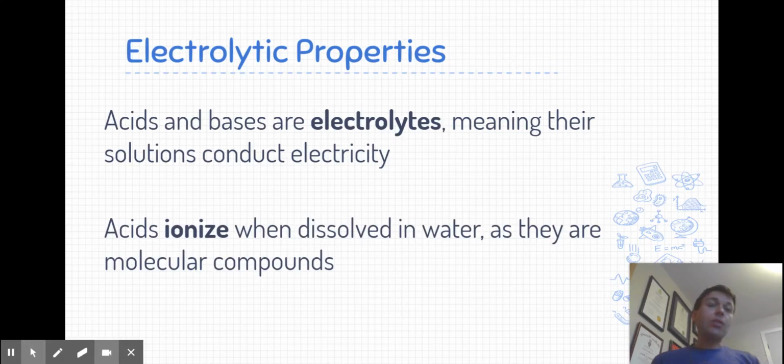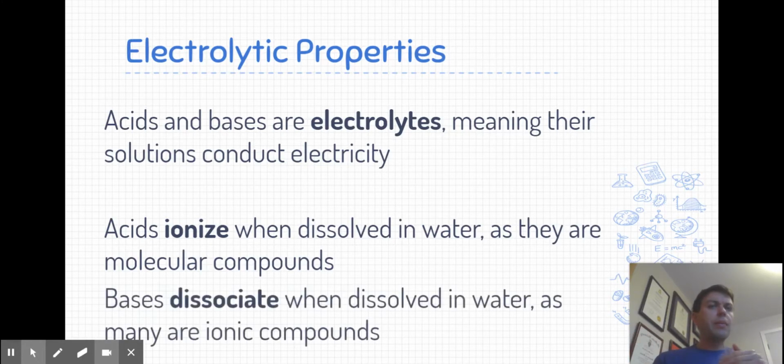Now, acids are mostly molecular compounds. And recall that when a molecular compound produces ions, that means that molecular compound has ionized. The covalent bond between the hydrogen and the rest of the molecule, in the case of the acid, has split apart. And so we now have free ions. Most bases are ionic compounds.